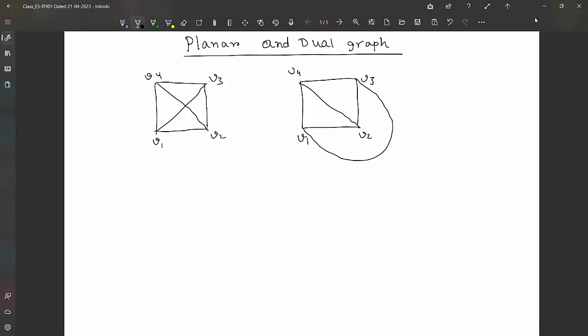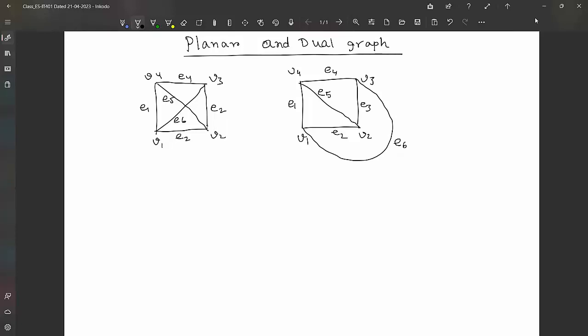So now you can see that if these edges are E1, this edge is E2 and this is E3, E4, this edge is E5 and this is E6, we draw this E6 edge in this way. So now you can see that it is not overlapping.